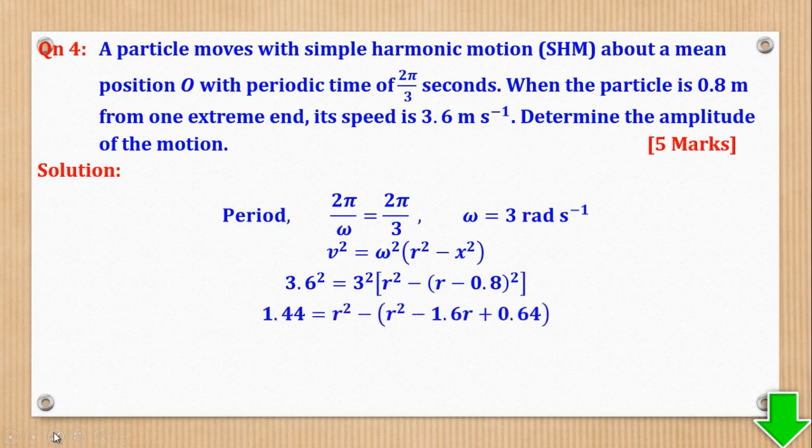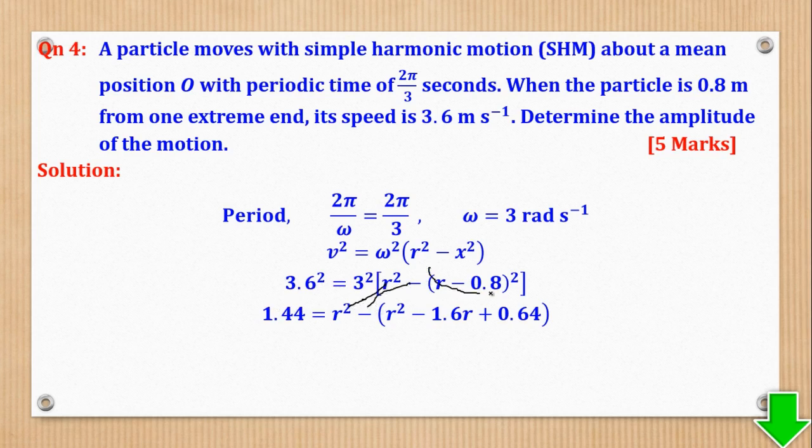Now I have only one unknown, so my aim is to look for a way of making it the subject. When I open brackets here, I'll come up with this. And then also this side, this one was taken this side. So 3.6 squared divided by 3 squared gives you 1.44. Then this r is here, minus, this minus is here.